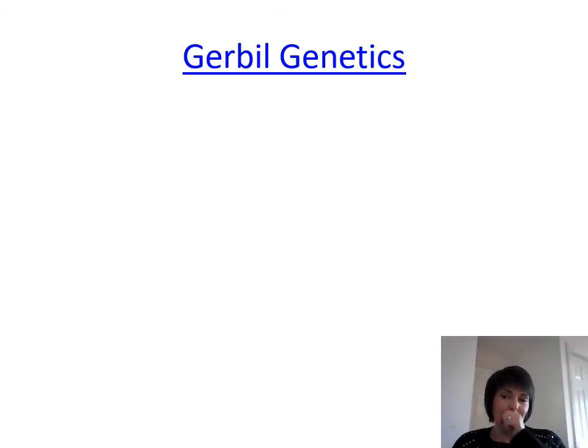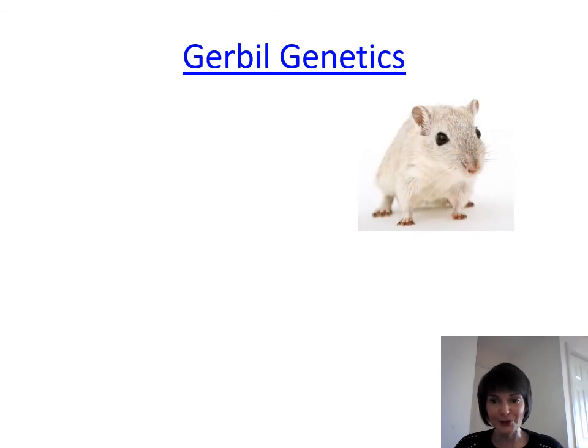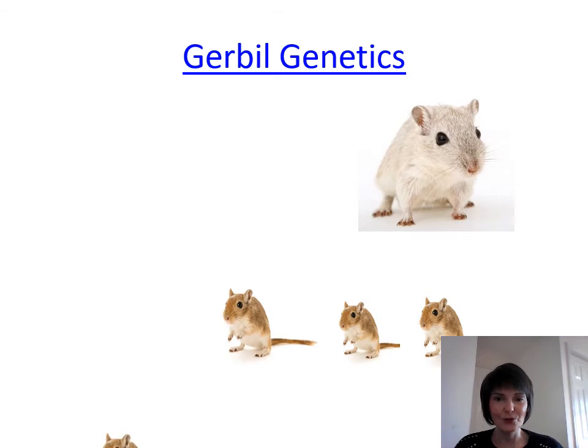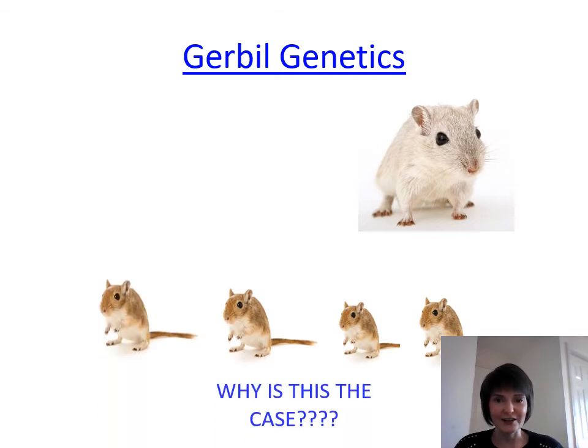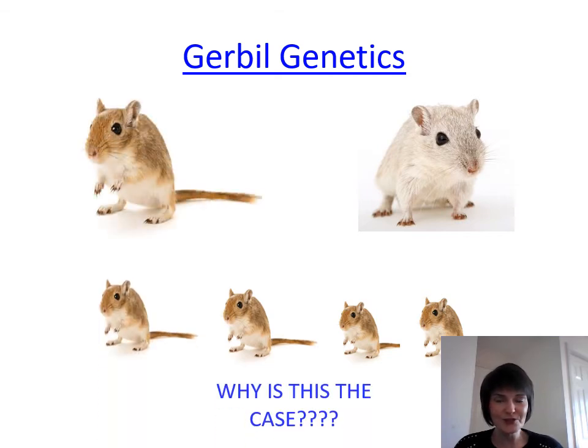Okay, so what we're going to do is move away from Mendel and his peas, and we're going to have a wee look at some gerbil genetics. And what we've got here are some nice wee gerbils. We've got mummy and daddy gerbil, and you know what gerbils do in lockdown, they just like to move about their cage and maybe have a wee bit of fun.